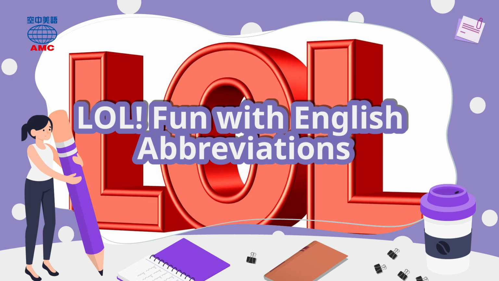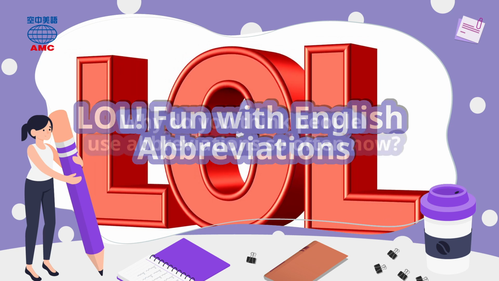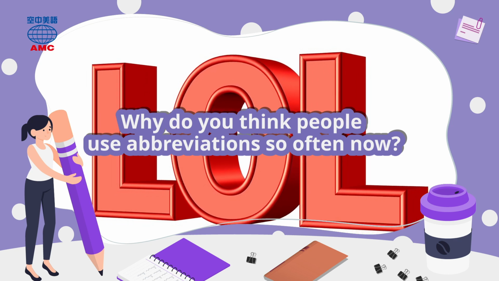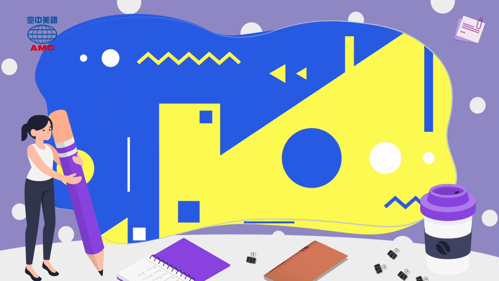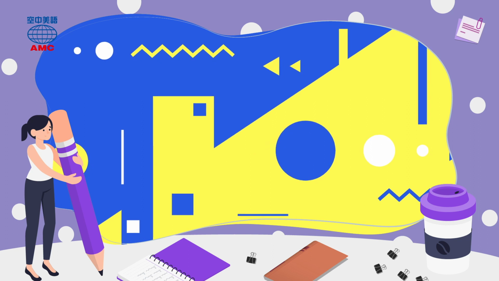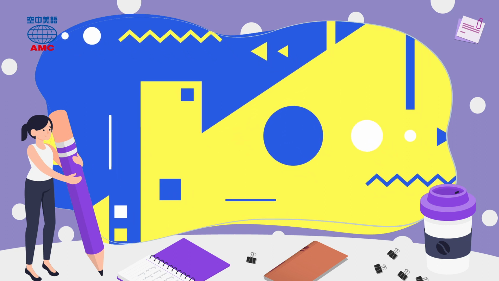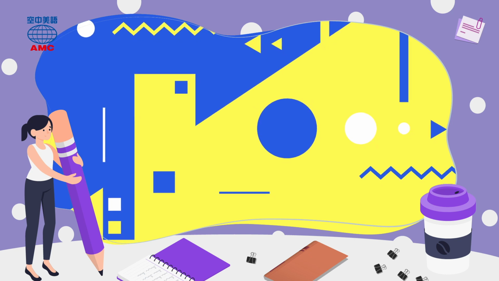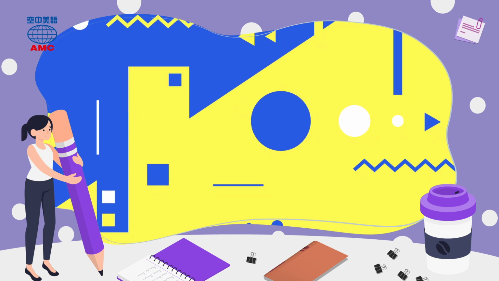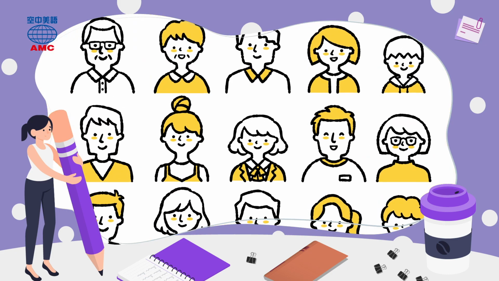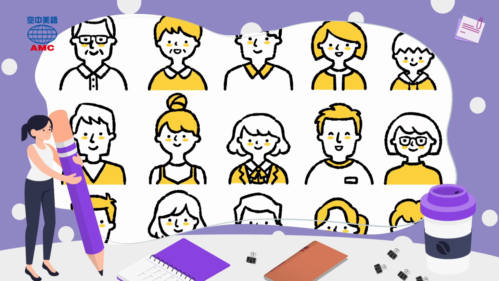LOL. Fun with English abbreviations. Warm-up question: why do you think people use abbreviations so often now? We use abbreviations to make words shorter to say or write. They have a long history. Some of the oldest abbreviations were written in stone. Abbreviations like OMG are initialisms.